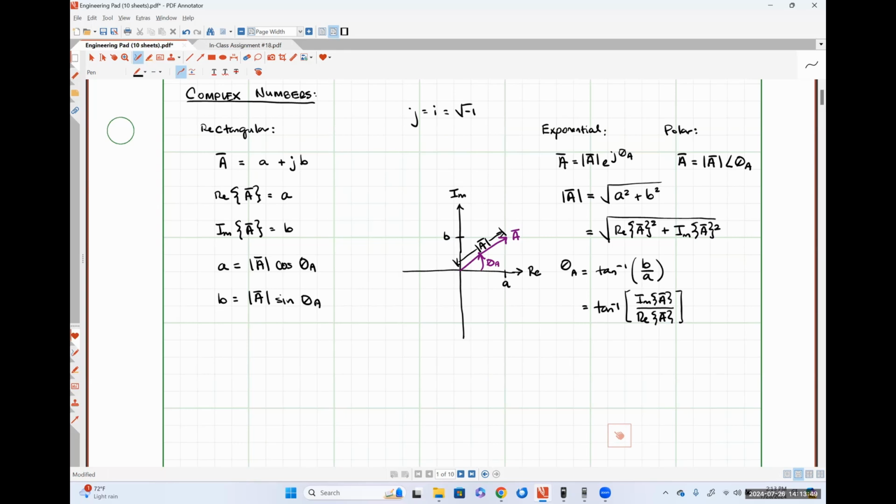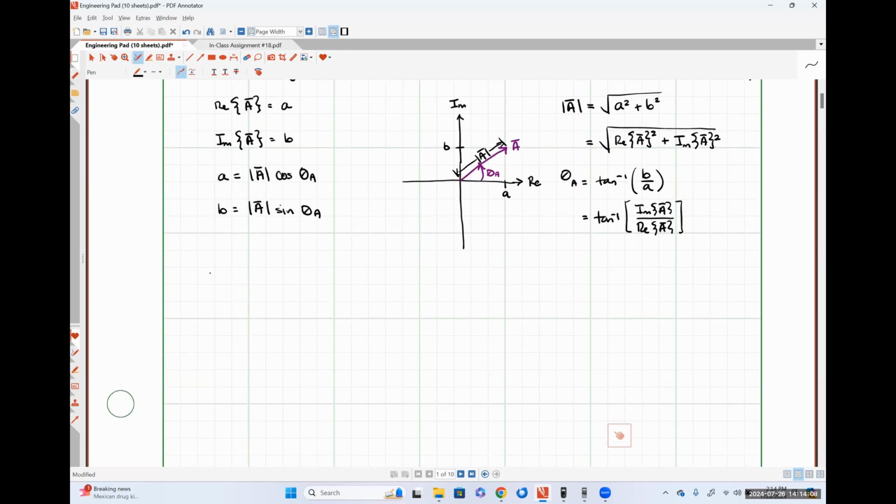All right, so I'm just going to give you fair warning that the example that I'm about to work is intended to break these relationships, and it will actually illustrate to you the importance of having a good calculator for the remainder of this class. Okay, so let's say that I have a complex number x, and it is -3 plus j4.